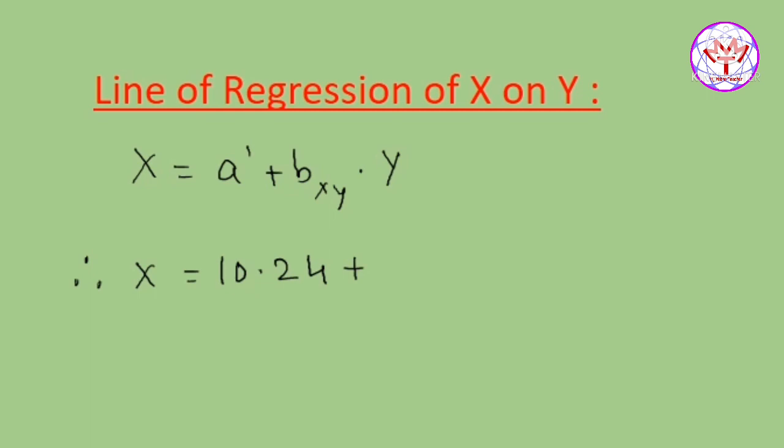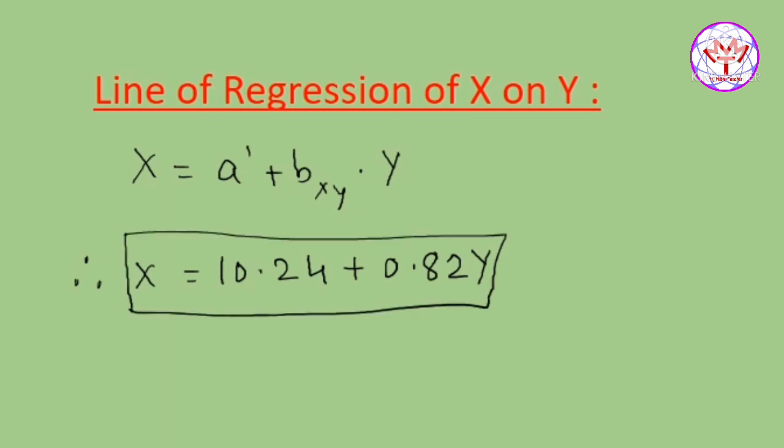So we get x is equal to a dash is 10.24 plus bxy we have got 0.82 into y. So this is the equation of regression of x on y. So this completes your question number 6.